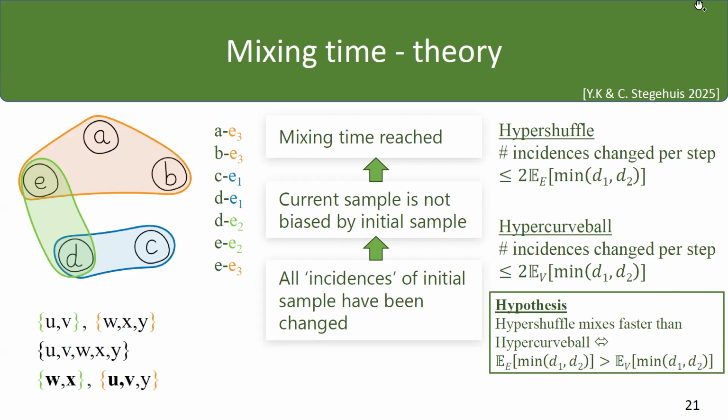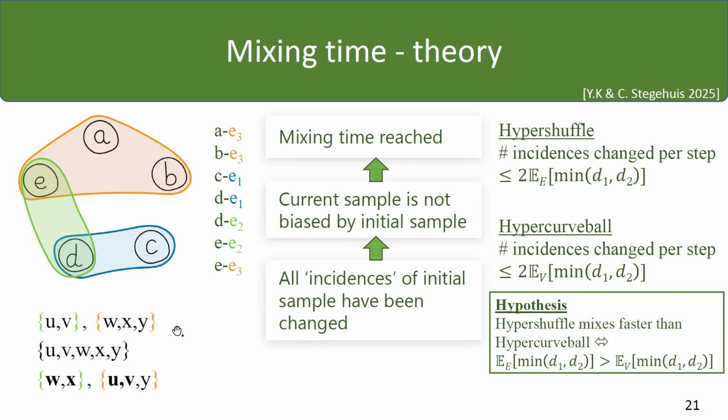So again, this is just intuition to get a hypothesis. This is not theoretically sound. What is theoretically sound is these two observations about how many incidences we can change per step. So we can go back to the hypercircle, which is the example down here. In a hypercircle, we pick two random hyperedges. They have some size, which is random. In this case, it's size 2 and 3.